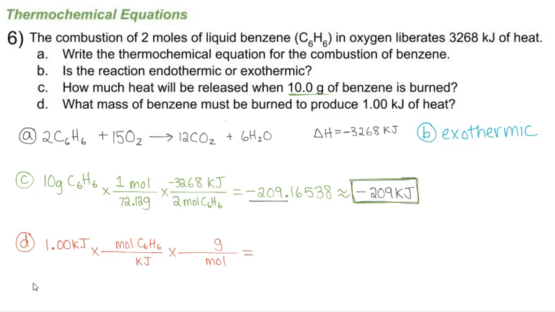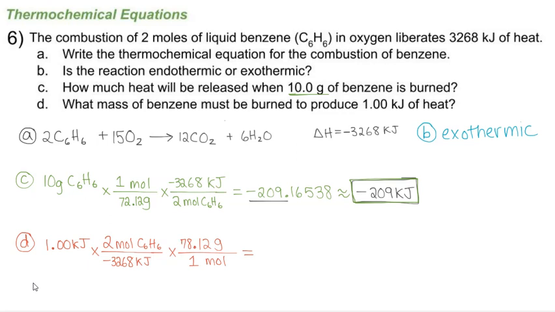So looking back at our equation, we have 2 moles of C6H6 producing negative 3268 kilojoules. And then we already calculated out the molar mass here. We know that 1 mole of benzene is 78.12 grams approximately.